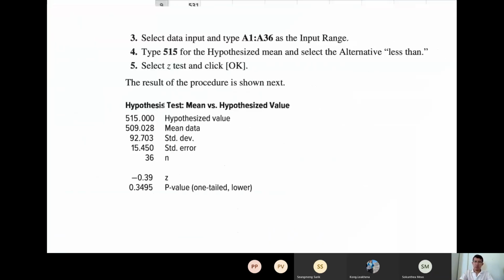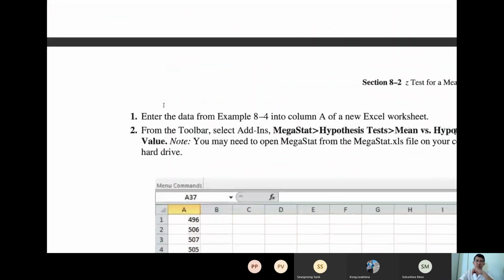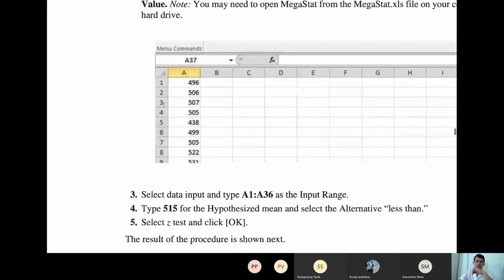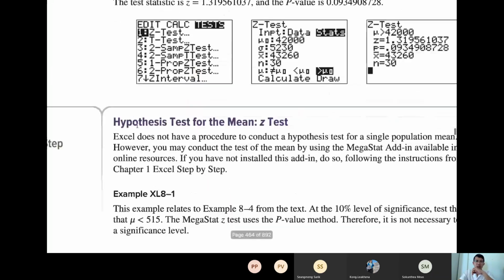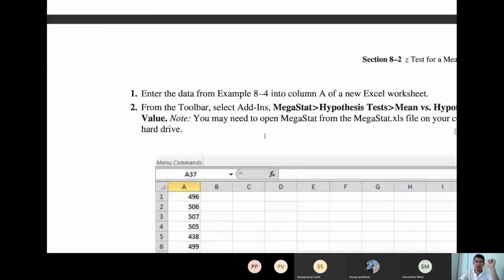And even in Excel, actually, there's no hypothesis testing for a single sample, right? Just like our example. You have to download the add-in named Megastat, which is not free in this case.